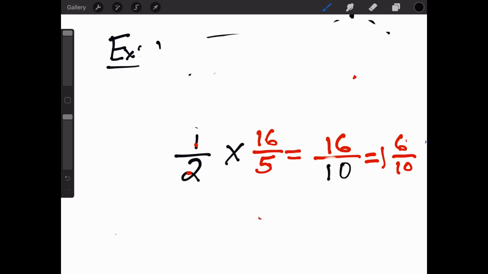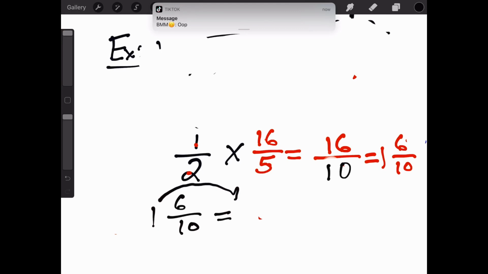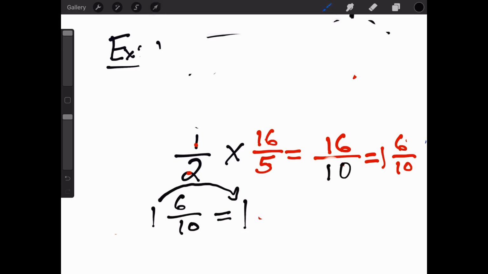So what I'm going to do is bring this over here. And what you're going to do is you always bring over your whole number. Just leave it alone. It's just coming along for the ride. You do the t-chart, and I'll do the t-chart up here. Put 6 here, 10 here.